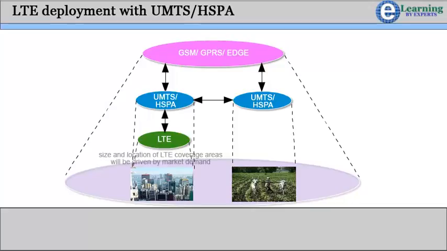The size and location of smaller LTE coverage areas will be driven by market demand. In areas which do not have a demand for high data rate services, the operator can hand down users to UMTS HSPA and/or the GSM GPRS EDGE network as dictated by the deployed network.